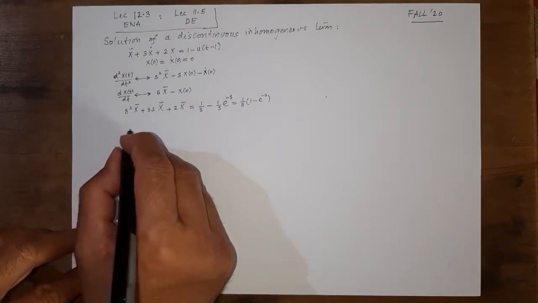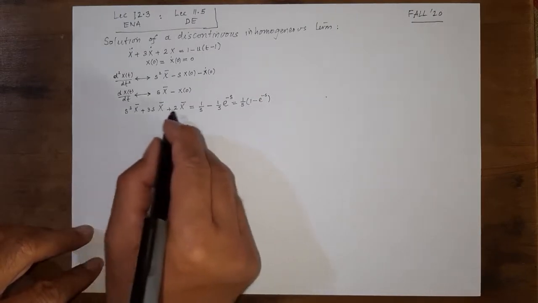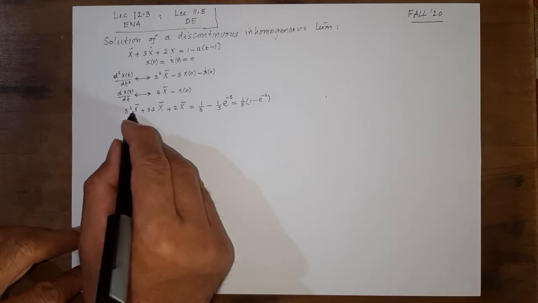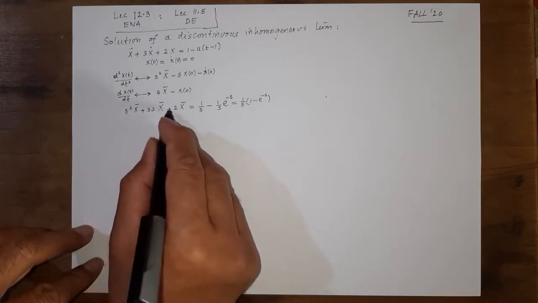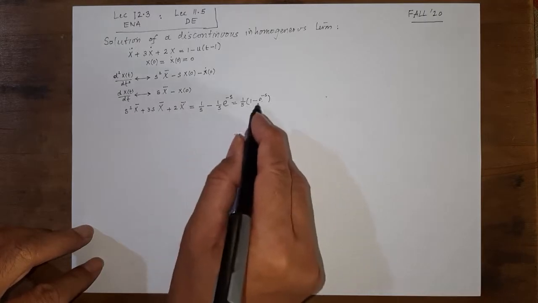So we can take this factor X out and we get a polynomial s squared plus 3s plus 2, and on this side we have this.